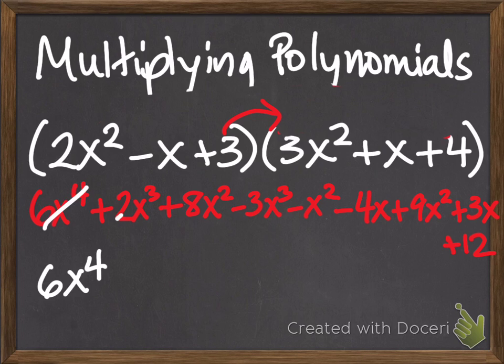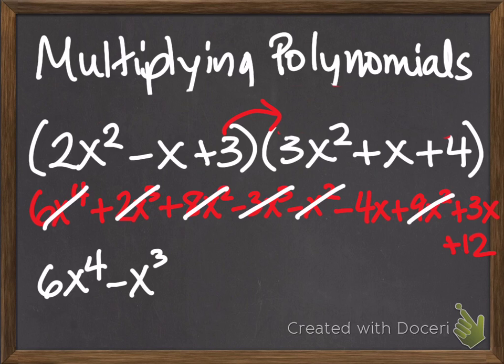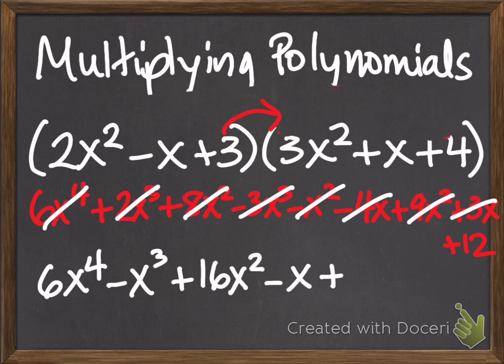With the cubes, I have 2x to the third and minus 3x to the third, so that's negative x cubed. 8x squared minus x squared is 7x squared, plus 9x squared is 16x squared. And then we have a negative 4x plus 3x, so minus x, and then our plus 12 is the last piece to bring down. And that's how you go about multiplying a trinomial times a trinomial.